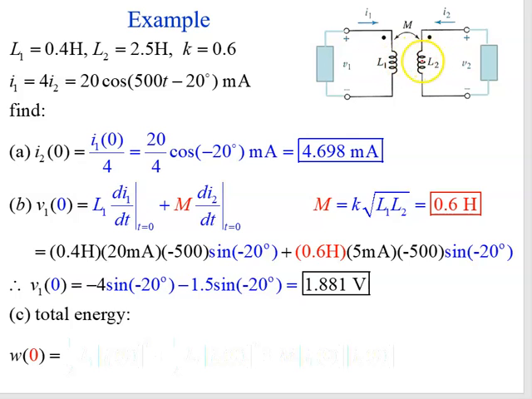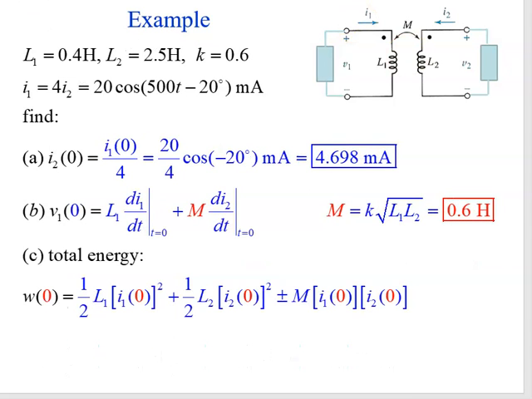We still need those amps squared, so we can recall or look up, if we have the opportunity, what that energy equation is for a transformer, these magnetically coupled coils. What we have to decide, though, is whether it's plus or minus I1 times I2.